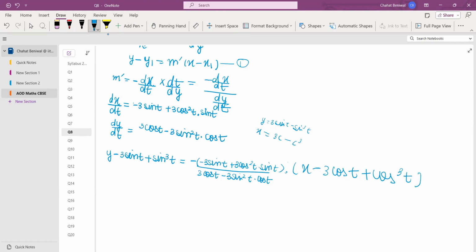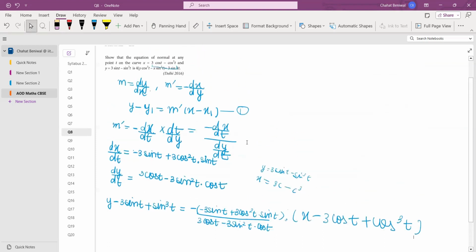Okay. Then we have to do the tough part, which is cross multiplication. I hope something will be cancelling here.